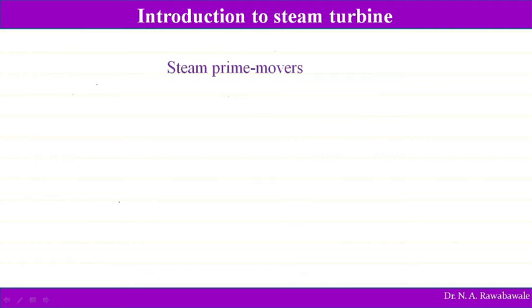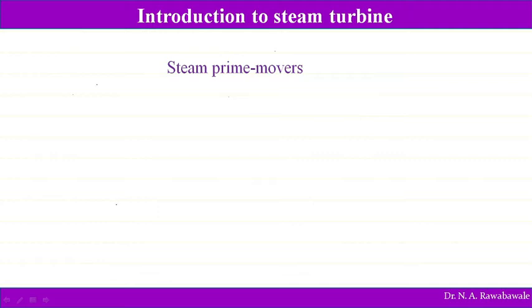In case of steam turbines, the enthalpy of steam is first converted into kinetic energy, and that kinetic energy which is converted in the nozzle is passed over the curved blades, which change the flow direction of steam and cause a force to be exerted on the blades.